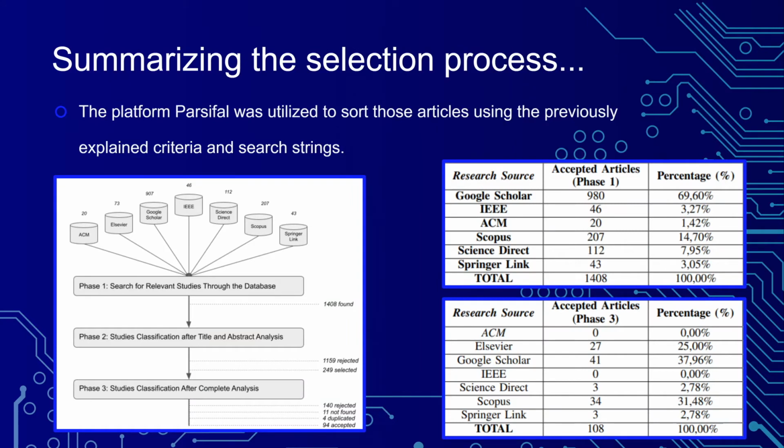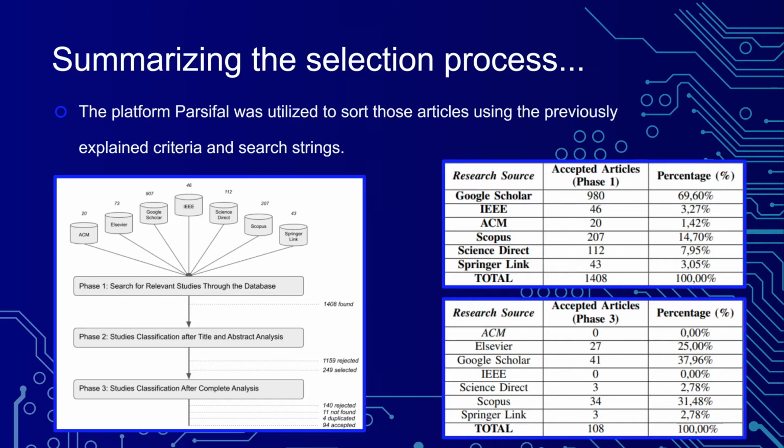How we can summarize the selection process. We used the platform called Parsifal so that we can sort those articles using previously explained criteria and a search string. Those search strings are specific words that we need to find based on those criteria that we discussed previously.